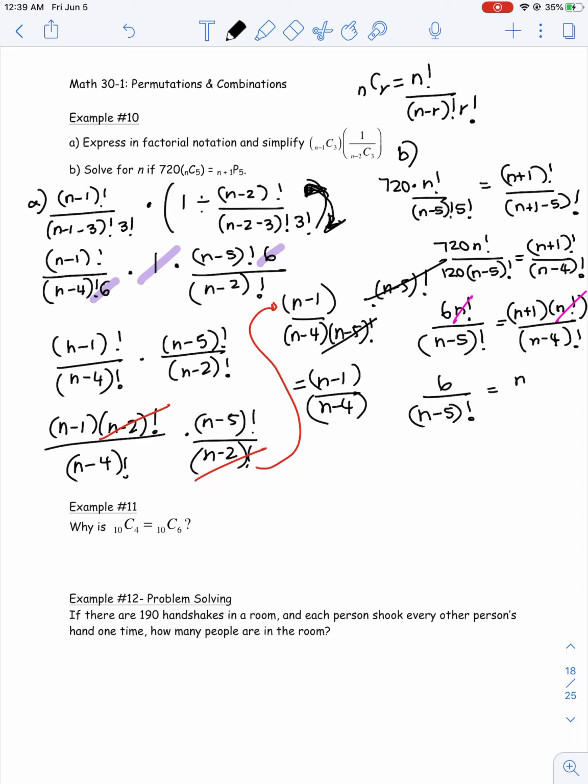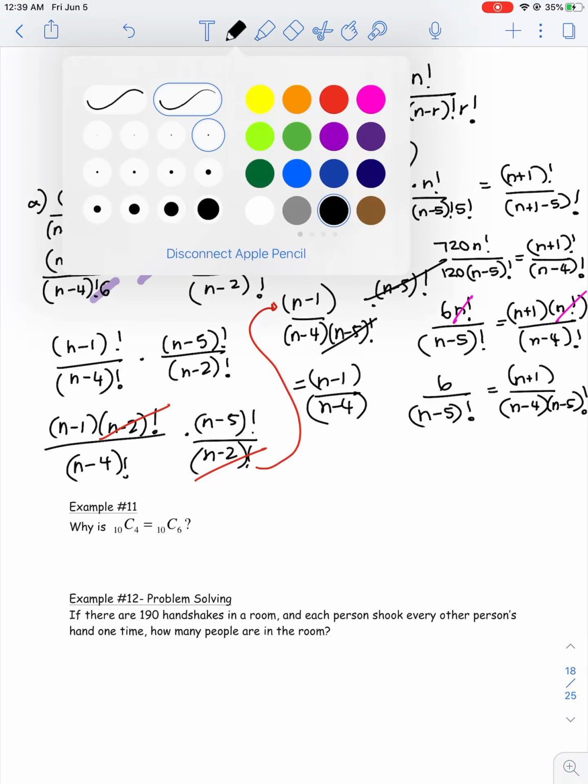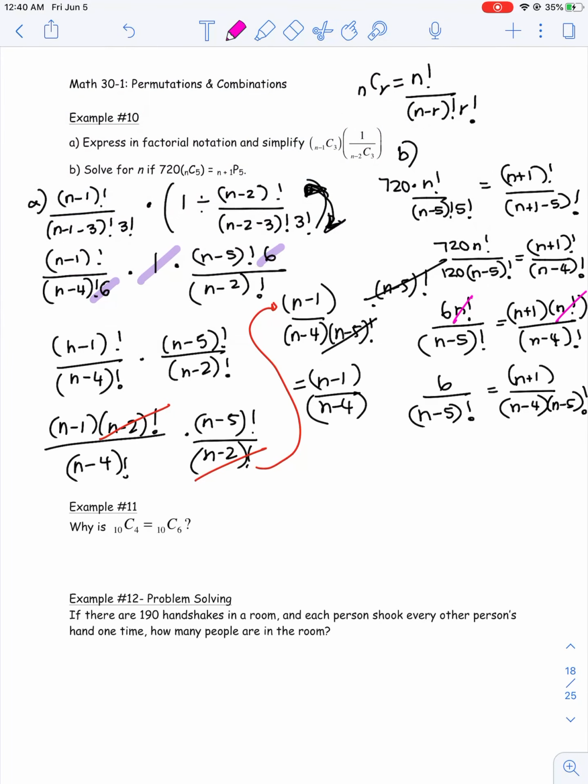And on the right, we have n plus 1, just n plus 1 in brackets, over n minus 4. And what comes after n minus 4 is n minus 5 factorial. Just like in the previous step, whenever you have the exact same things on the same level across an equal sign, they cancel each other off.